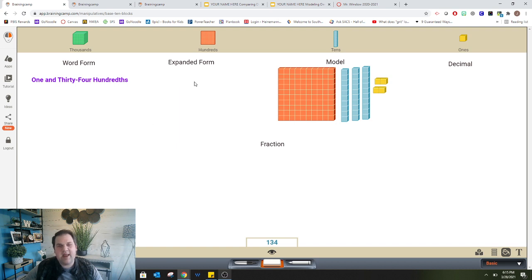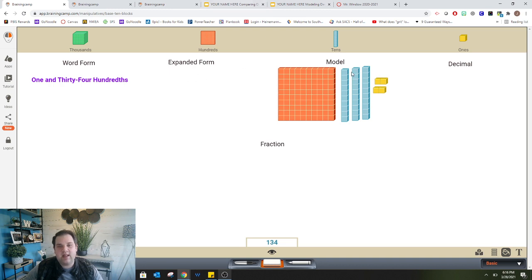Now let's try expanded form. Expanded form, remember, is when you take each place value and separate them out and add them together. So, what is the expanded form of 1 and 34 hundredths? Try writing that on your desk or writing it on your iPad to figure out what the expanded form is.